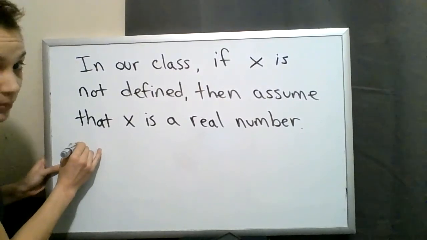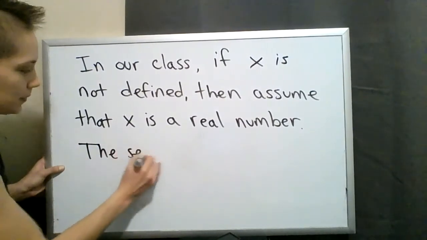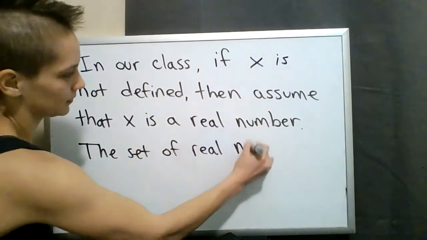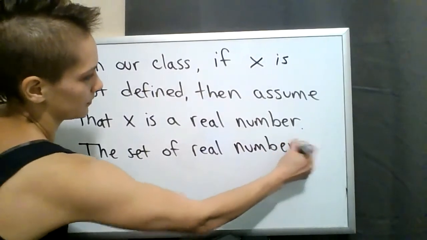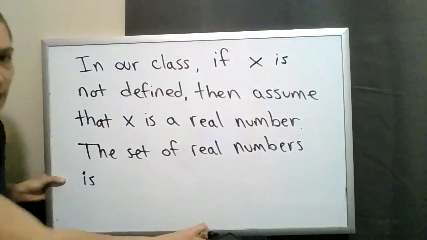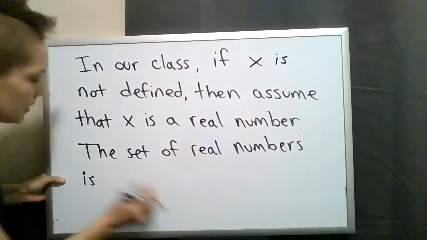The set of real numbers has a special symbol. The set of real numbers is denoted by a capital R with a double bar.